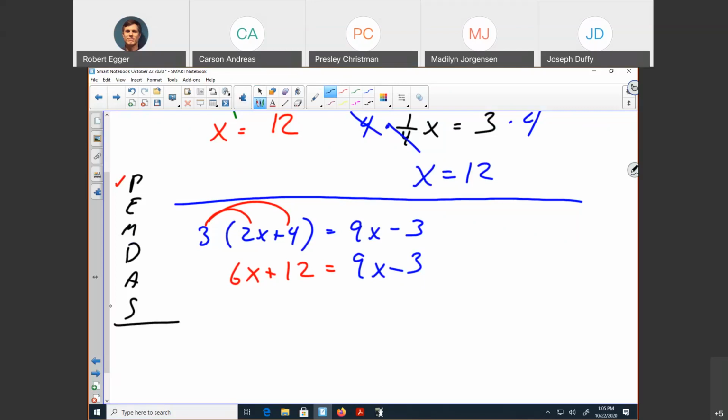So now I'm ready to move things left and right. I have both addition and subtraction on both sides, so I do know I have to do adding and subtracting. At this point, the question is, where do you want the x's to go? Do you want x's on the left or x's on the right?